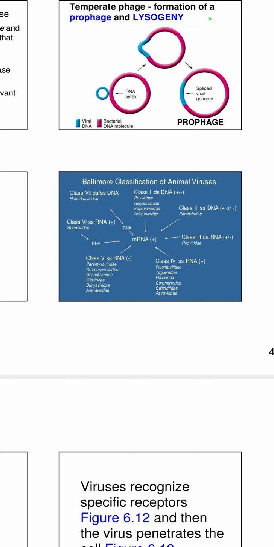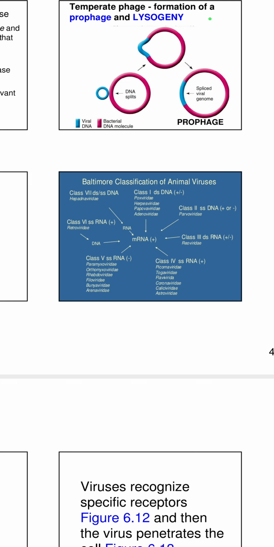It is represented by viruses containing a single-stranded DNA genome, which will first convert their single-stranded DNA genome to double-stranded DNA, which is then used as a template for mRNA transcription. That makes up group 3.